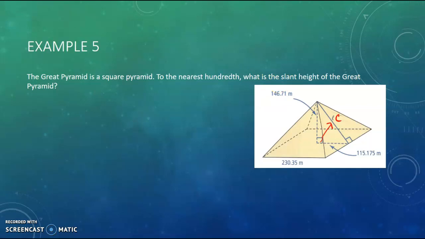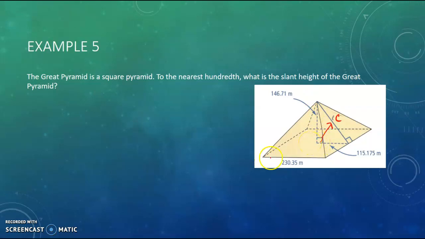So from here, you've got to decide, well, which ones do we keep? Well, the thing is we want the sides of the right triangle. So this 115.175 came from taking the 230.35 and dividing it in half. Because when we drop the height, it goes from the top of the pyramid straight down to the middle of the base.